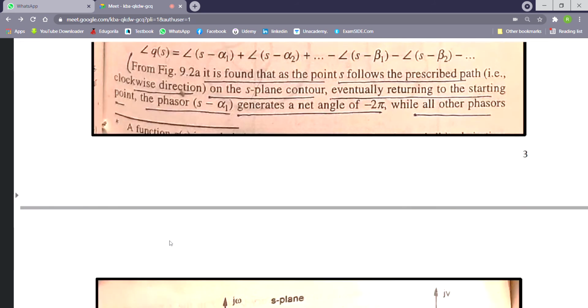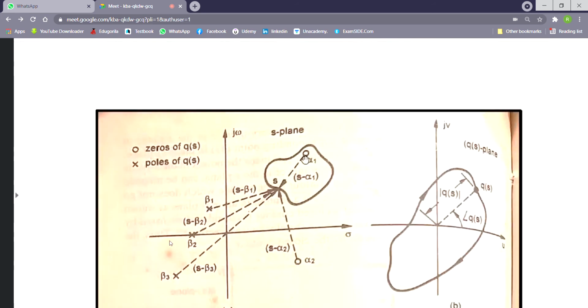Now let's come back to this figure. Now we'll be traversing along the closed contour that we have chosen on the S plane. So the value of S will vary like this. And as we have discussed, at all these points on this contour, the function QS is analytic. That means the function QS will exist.